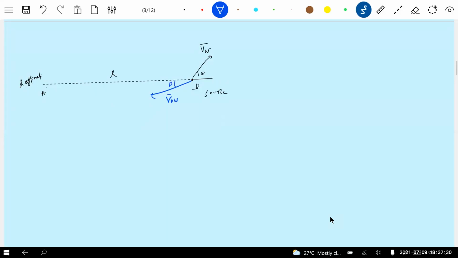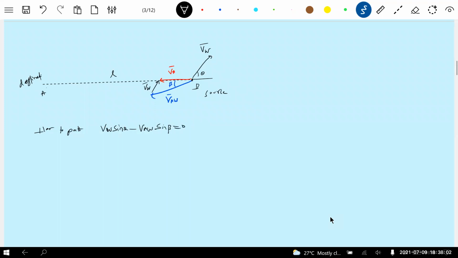Earlier we took it. Then VW bar will be in this direction. VA bar will be here. Then again, perpendicular to the path: VW sin theta minus VAW sin beta equals 0.